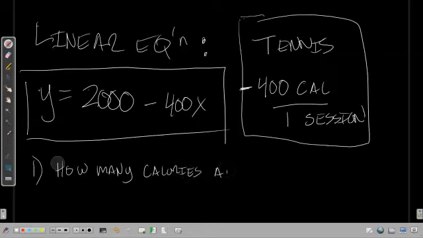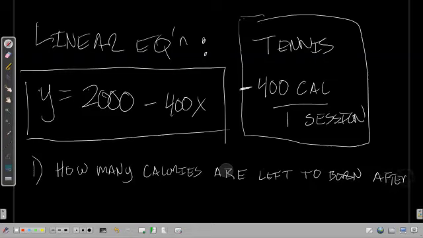How many calories are left in my calorie bank account? How many calories are left to burn after 2 sessions? You don't answer it, your peers answer it, but the answer is obvious. It's 2,000 minus 400 times 2, 1,200. There would be 1,200 calories left to burn.